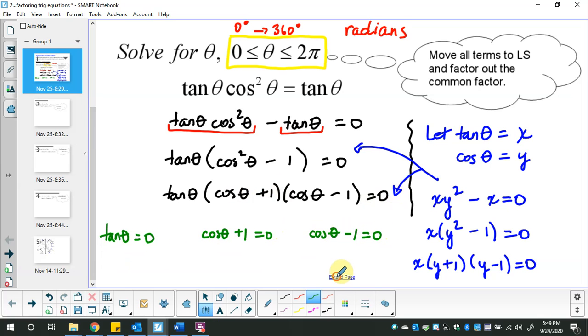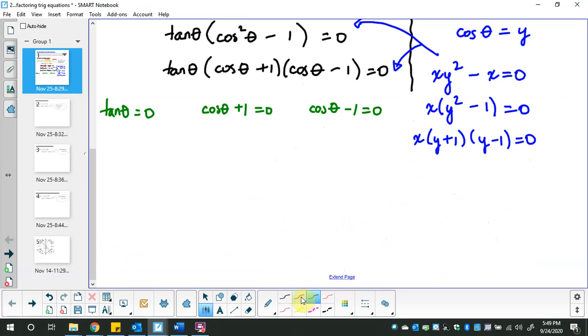So the pieces of information I have to get answers for theta for are tan theta equals 0. That one was done. Cos theta is equal to negative 1. And cos theta is equal to positive 1.